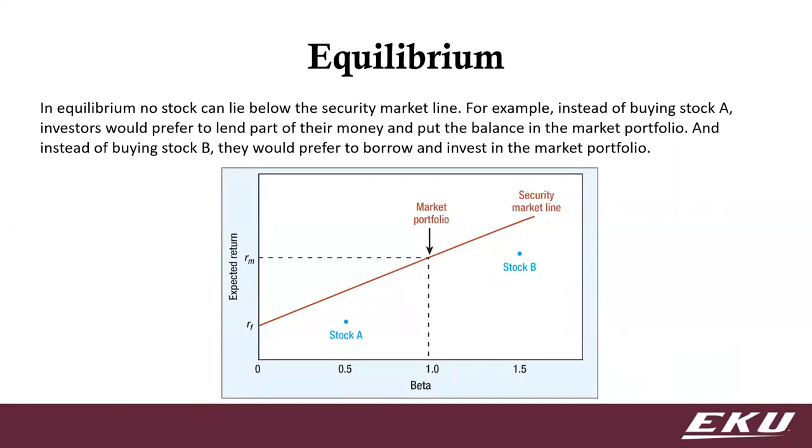Because you wouldn't want to buy stock A on its own. What you would do is say, okay, given the return here, I would prefer risk-free. So I'm going to lend the money and then just put the rest of it in the market portfolio, and I can be somewhere on this line. And then for stock B, what you would do is just borrow money, and then again, you could be back up here on this line.